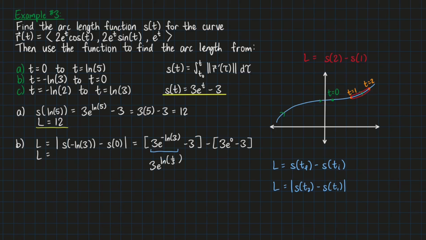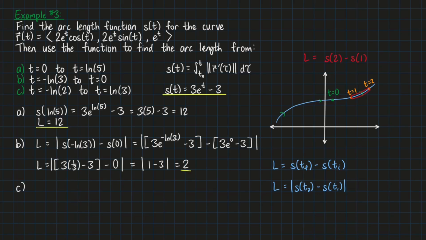And now what we're left with is 3 times 1 over 3 minus 3. And then e to the 0 is a 1, so we have 3 times 1 minus 3, which is just a 0. And the absolute value of this equals the absolute value of 1 minus 3, or just 2.